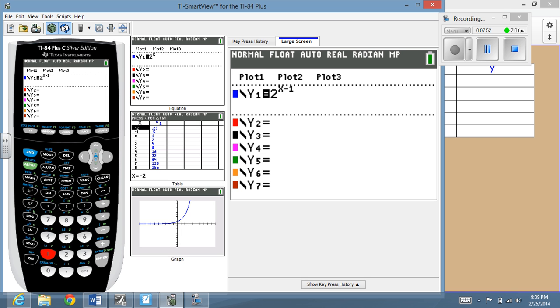Okay? Now for those of you that are using a TI-83, you're going to have to put x minus 1 in parentheses, okay, to make sure that your calculator knows that all that x minus 1 is all up there in the exponent.